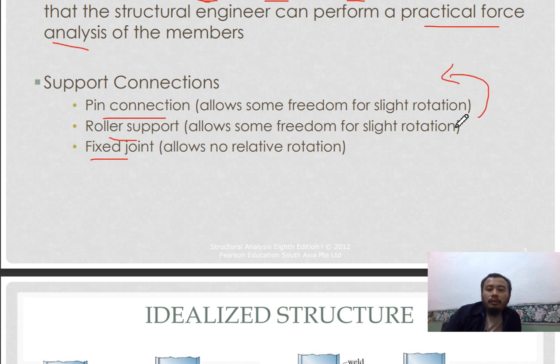And then if it's a roller, you don't have the vertical restriction against the movement. And for a fixed joint, there will be no relative rotation.